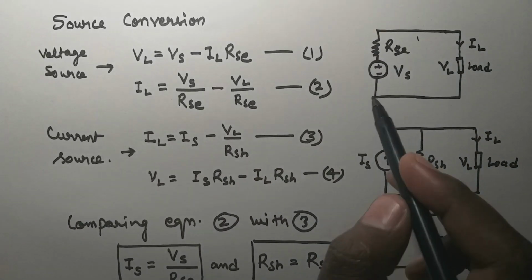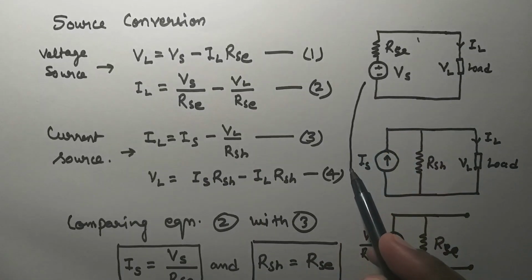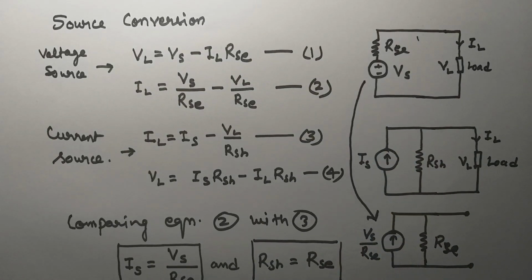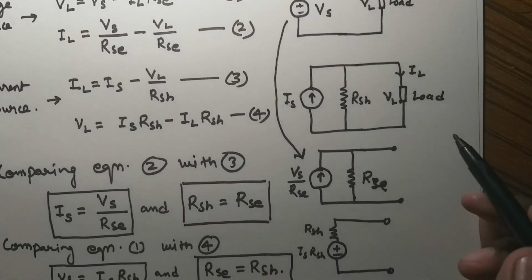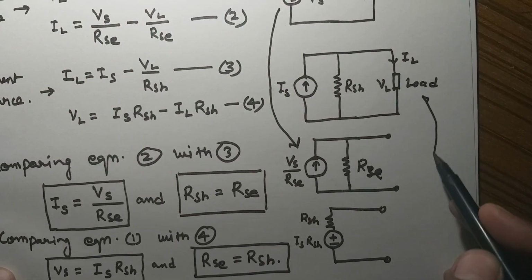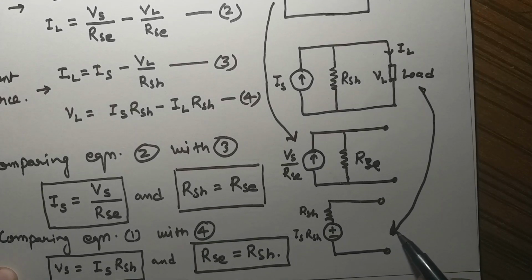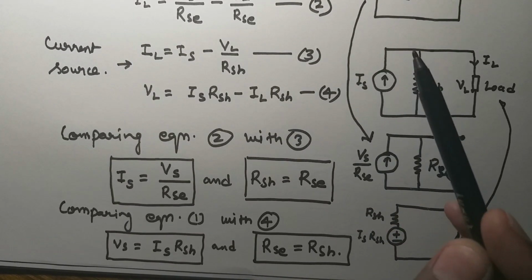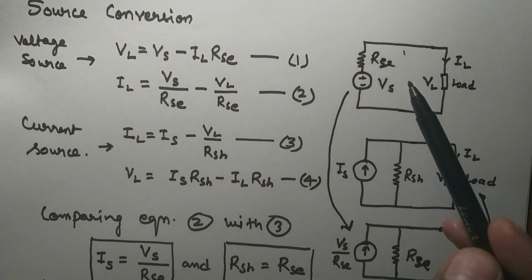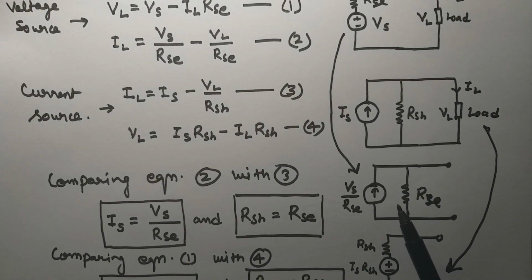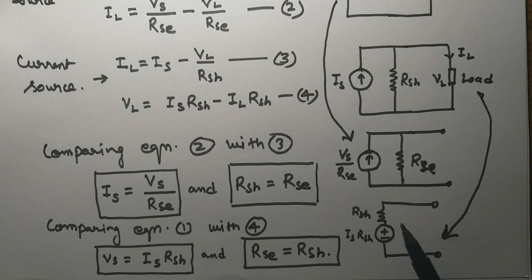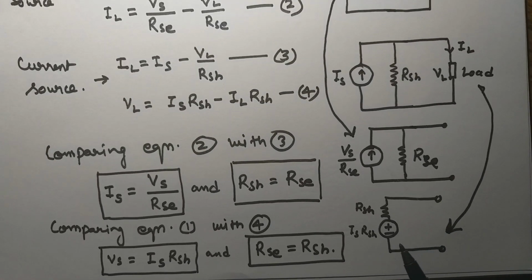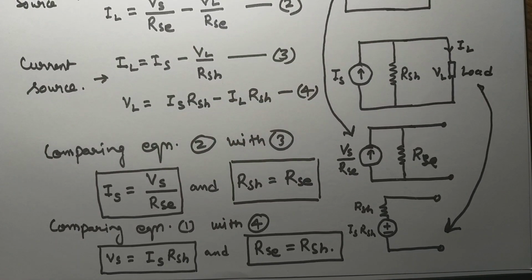So this is the equivalent current source for this voltage source, and this is the equivalent voltage source for this current source. So this is the overall conversion of a voltage source into an equivalent current source, and a current source into an equivalent voltage source. Now we will take an example to understand this process.